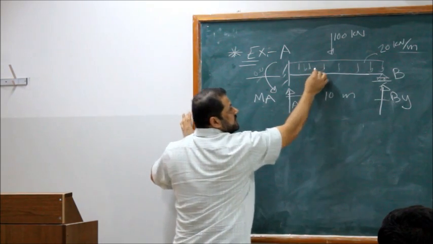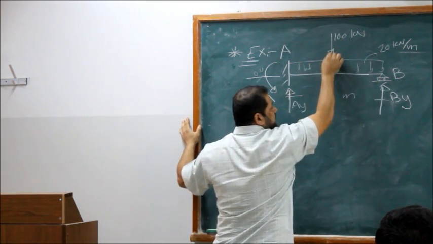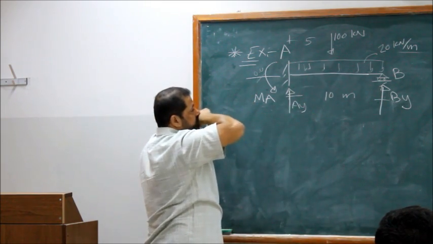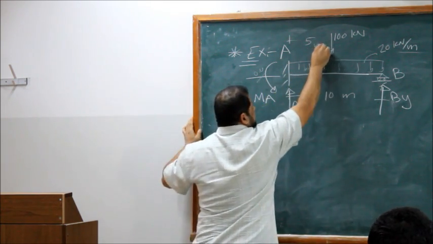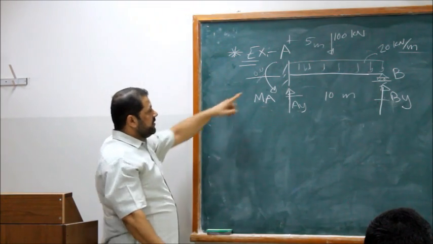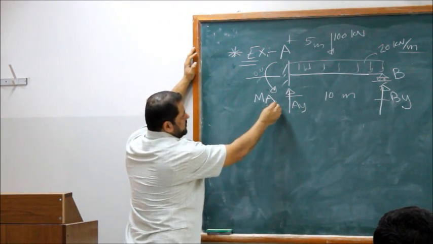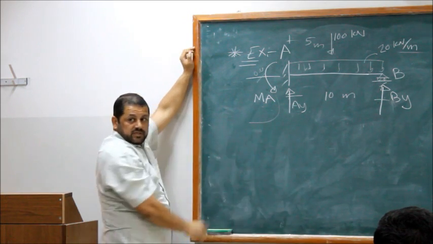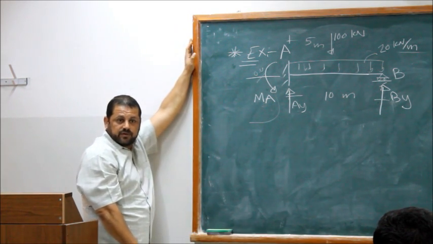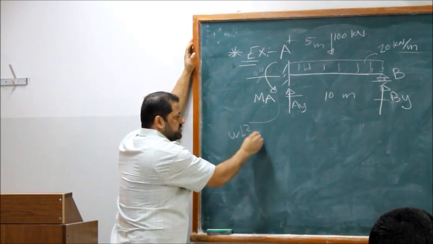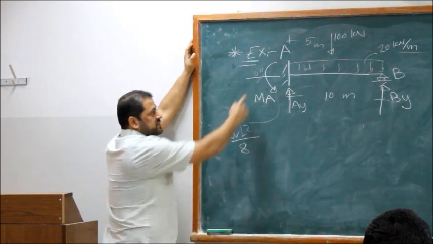Look, now you have distributed and you have concentrated, 5 meters. Let's say it's in the middle. This one is given distributed for both, so we use the principle of superposition. For distributed, how much? WL square over 8 in this direction.